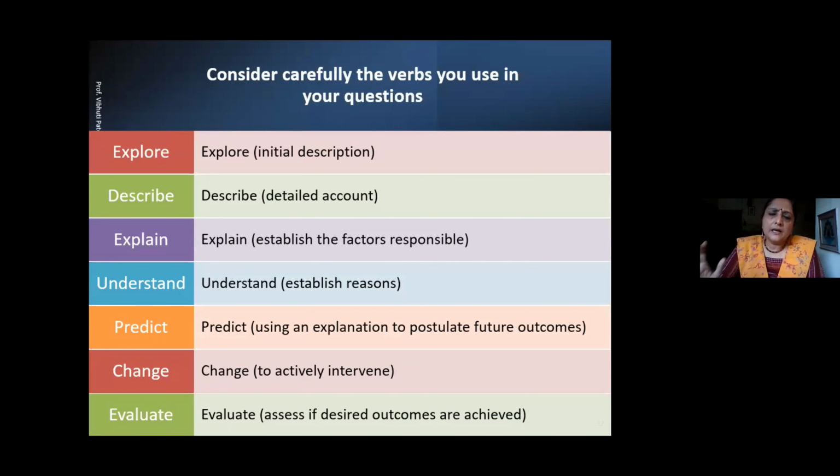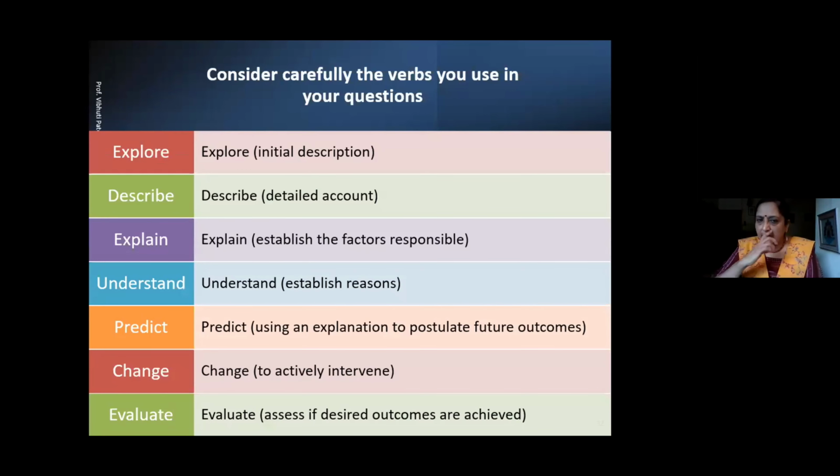So your first consideration in your research paper or dissertation writing is whether it is an exploratory, descriptive or explanatory research. In your initial description, you describe and explore, then you go into a detailed account.